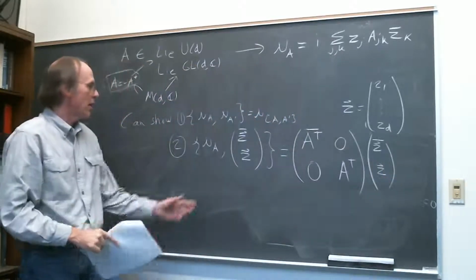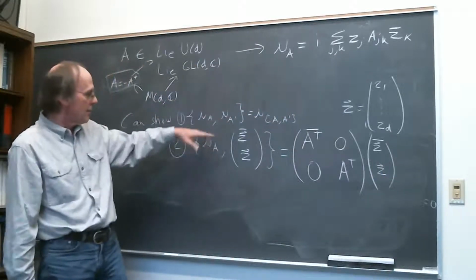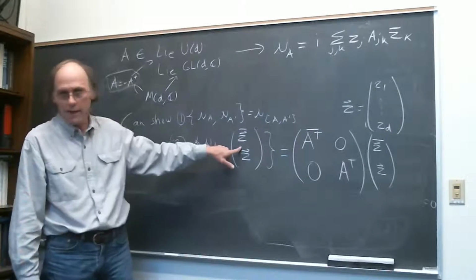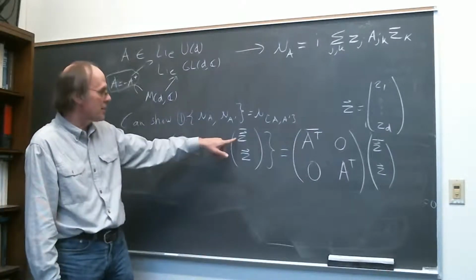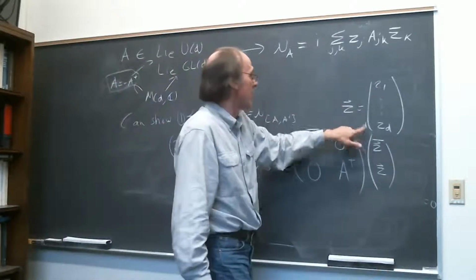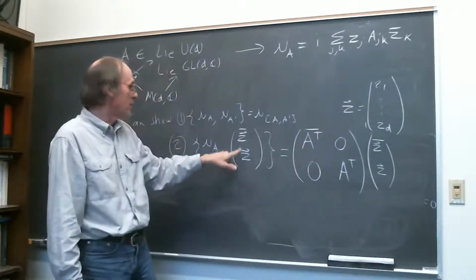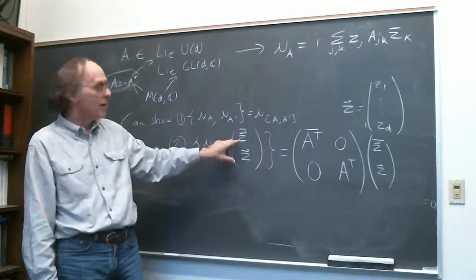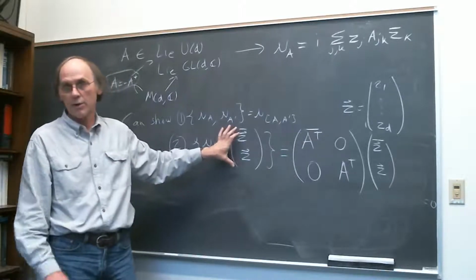So I'm writing this down just to see what this does to any kind of linear thing. I've got to see what it does to the z's and what it does to the z bars. I'll put all the z's together into a vector, and all the z bars together into another vector, and now I've got a 2D vector of these objects.